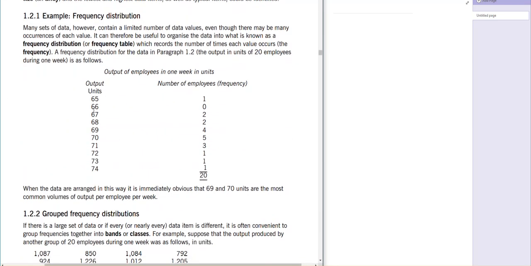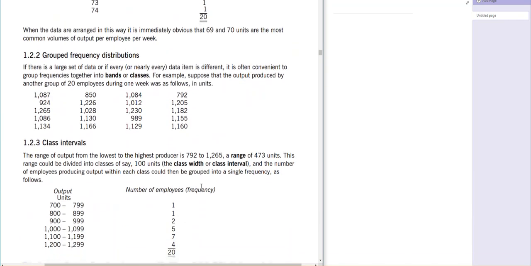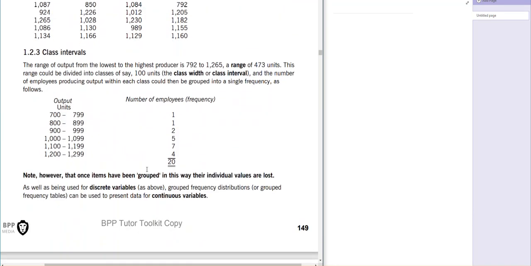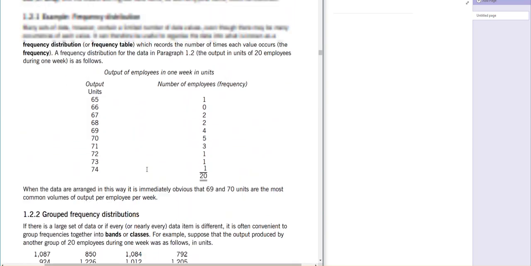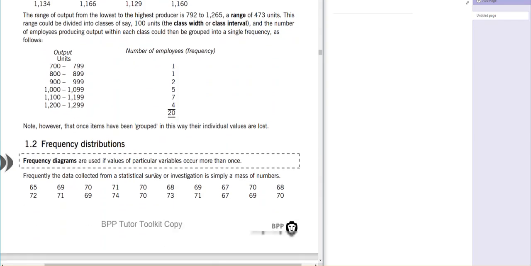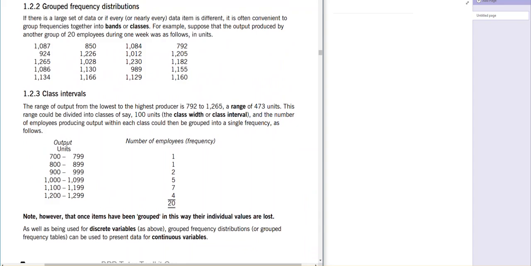Instead of looking at each individual item, what we could also do is put them in groups like we previously did here, and say how many times units in a range appear. That would be frequency. Units from 700 to 799 is once, any unit that there is.